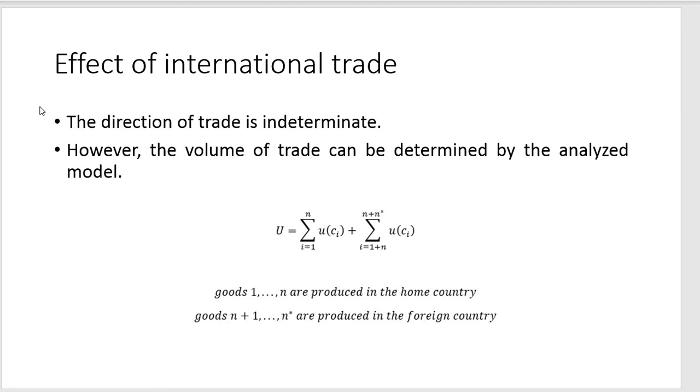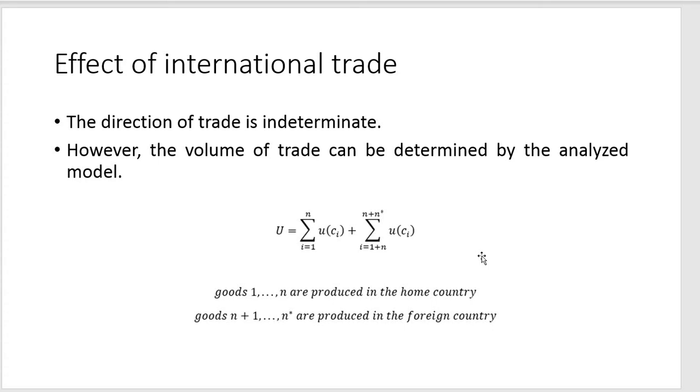However, we can determine the volume of trade, and it will be derived from the utility maximization condition. So we assume that in both countries, overall utility can be decomposed into utility from consuming domestically produced goods and utility from consuming goods produced in the foreign country.